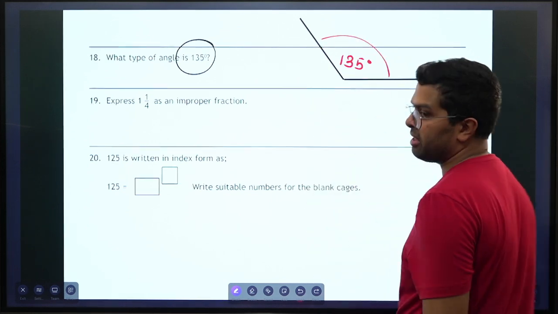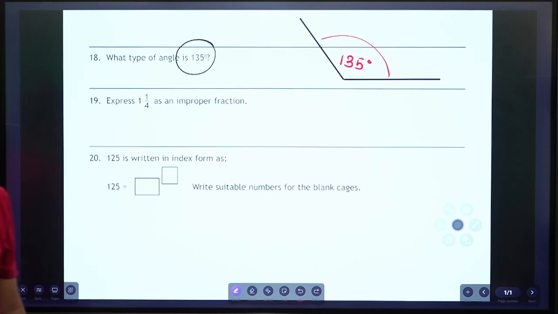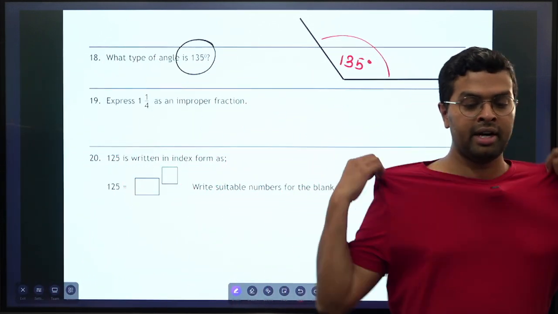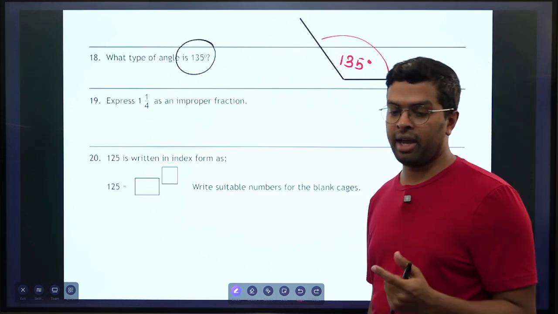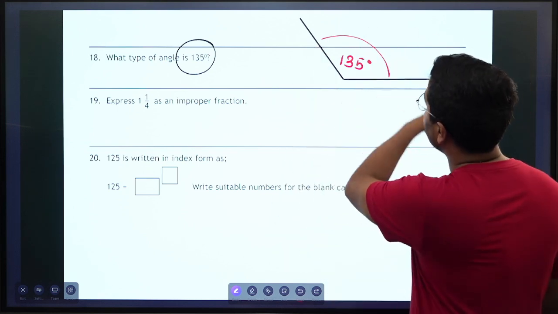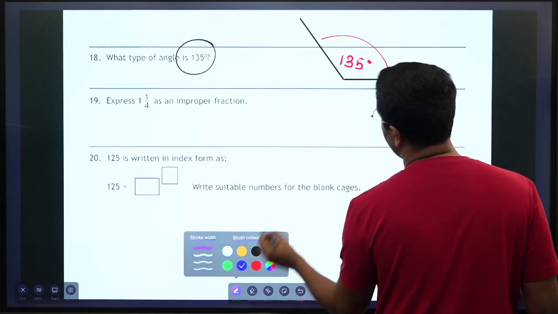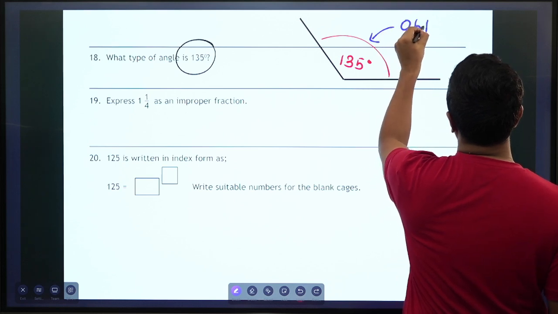What kind of an angle is this? We found this kind of a question earlier as well. This is called an obtuse angle.